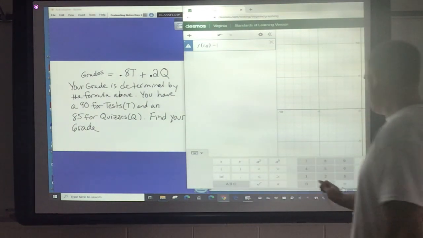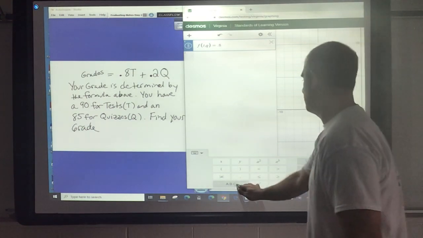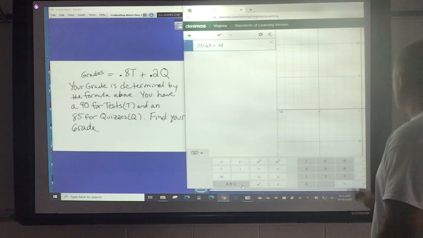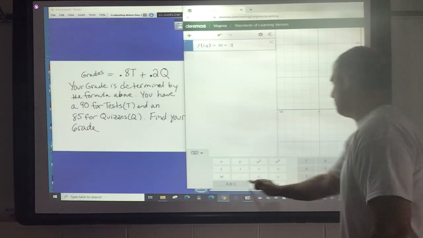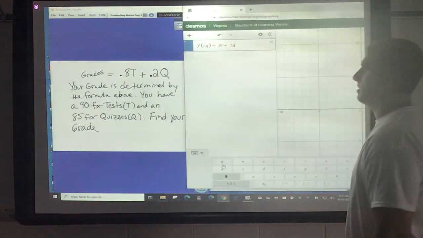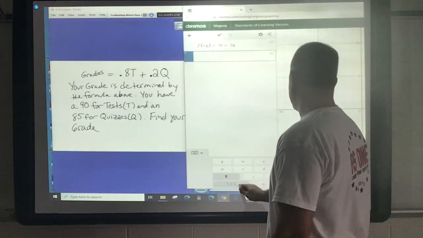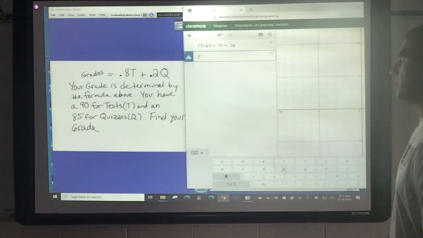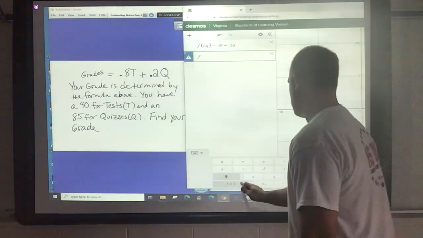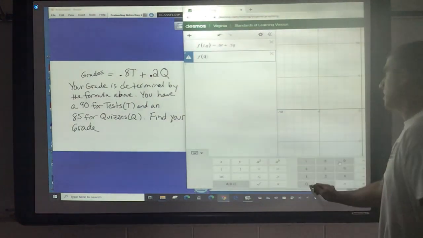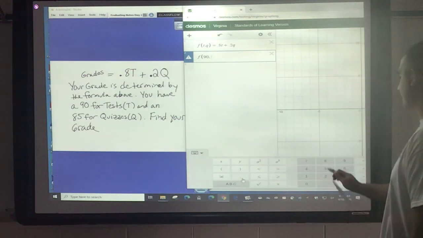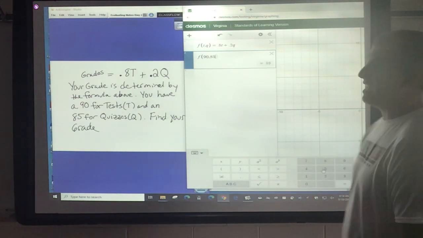The formula is 0.8 T plus 0.2 Q. And then all I gotta do is go down to this next row. F is, the T will be 90. And the Q will be 85. And then 89 is your answer.